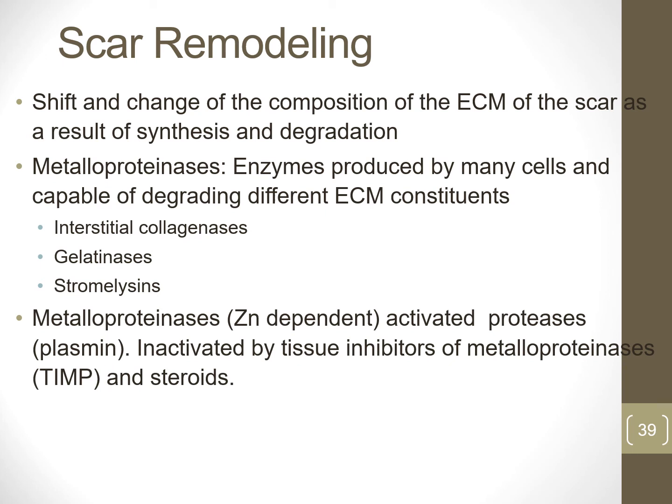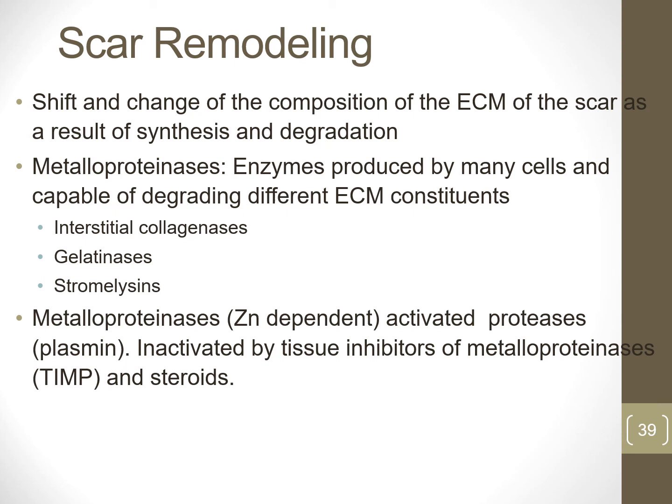So it's a shift and change of the composition of the extracellular matrix of the scar as a result of synthesis and degradation. At parts where we need more synthesis, they will synthesize more extracellular matrix. And at the sites where we need degeneration or destruction of the extracellular matrix, this will result in degeneration of that part.